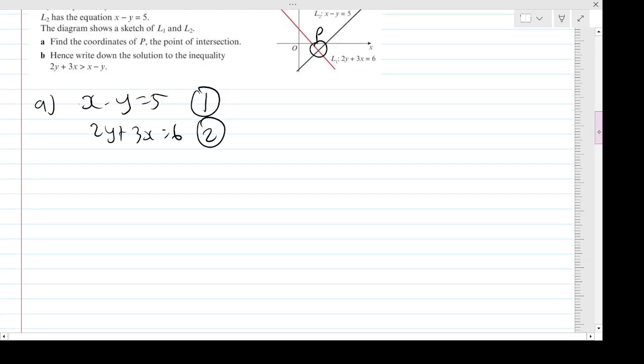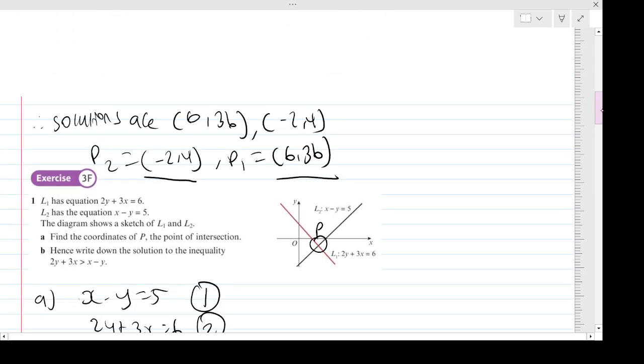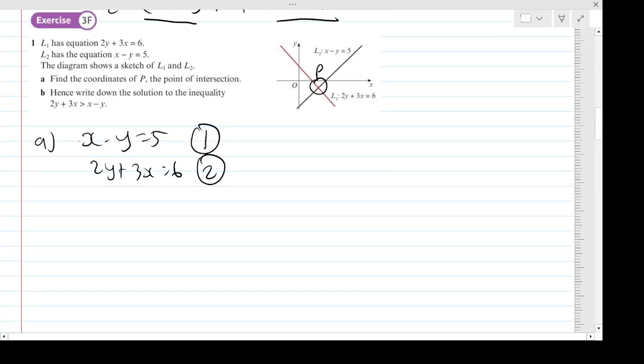So then to solve it, we can solve it like we normally do with simultaneous equations. So I'm going to substitute, okay? I'm going to rearrange the first equation to get x, say. So x would be 5 add y by rearranging 1. Then I'm going to substitute x into the other equation to then just get y.